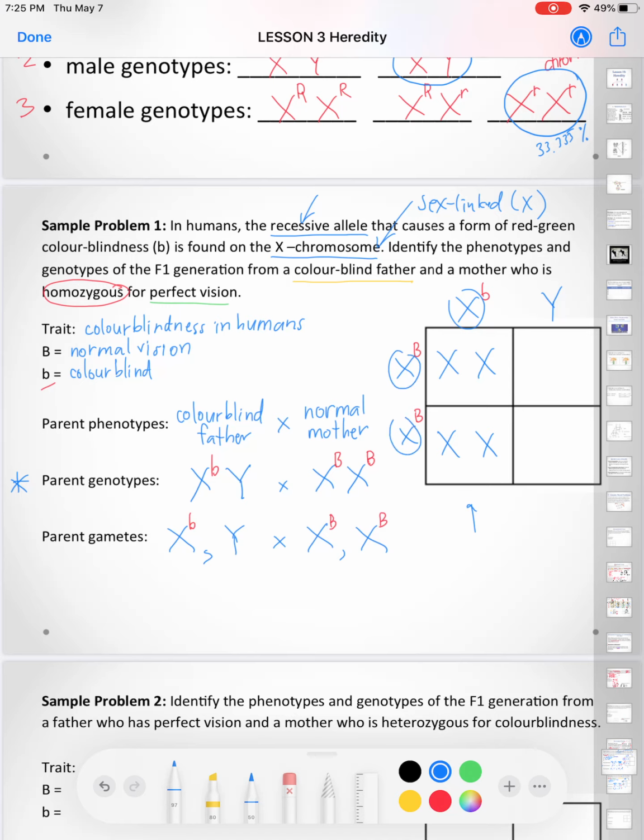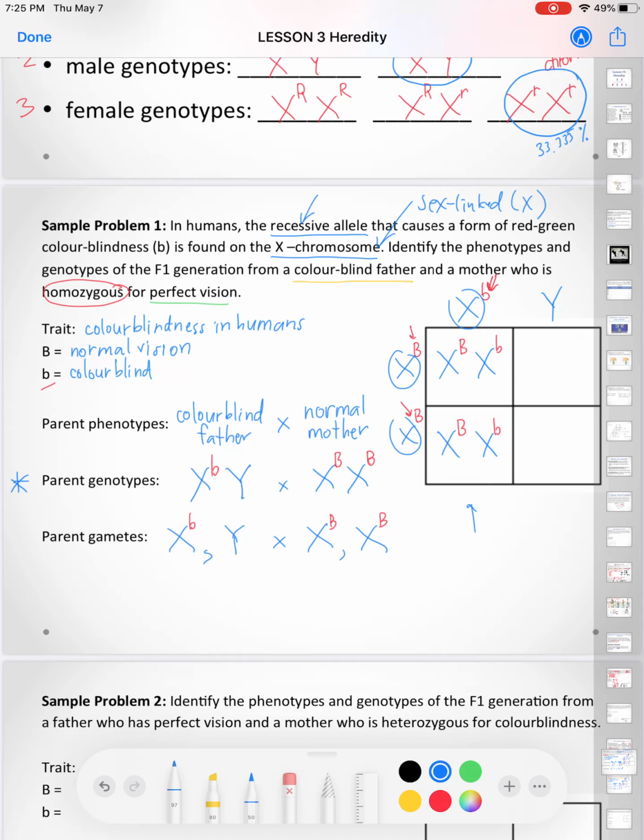Okay, so then we're going to go in and put in the B's. So we have one dominant B and one recessive b for this offspring. And we have one dominant and one recessive allele for this offspring. So both offspring that are girls are going to have a heterozygous genotype.